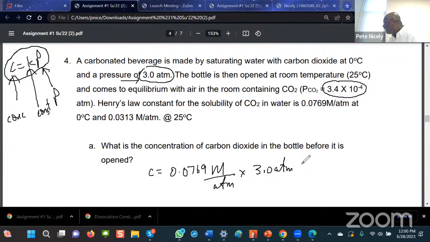So when I did that calculation, I got 0.23. So let me write this down. 0.23 M, right? So that would be the molarity of the carbon dioxide before we open up the bottle.